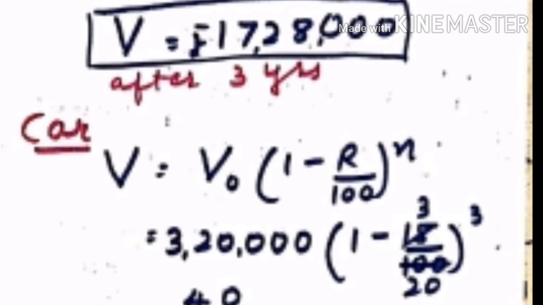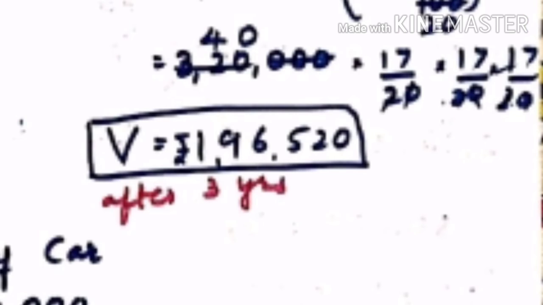Now you see, for the car we are given that it is depreciated at the rate of 15%. So we have to put the corresponding formula here, with a minus sign, and place the r value 15 upon 100 and get cancellation, that is 3 in the numerator and 20 in the denominator. So 20 minus 3, 17 by 20, 17 by 20, 17 by 20, 3 times. Why? Because there is a cube.